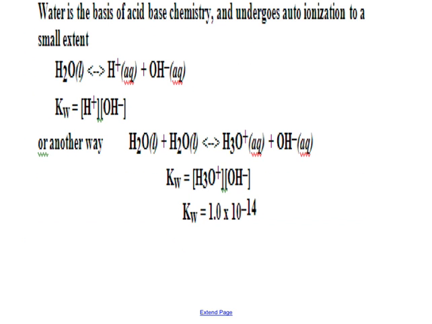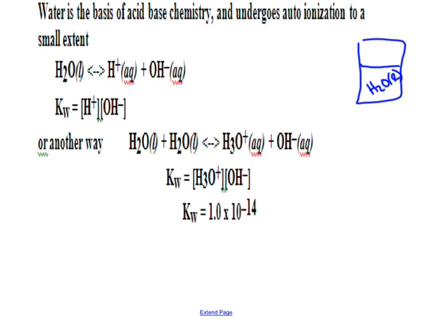So when we talk about water, because water is the basis of everything we do in this unit, I'm going to clear up some things and talk a little bit about where pH comes from. What you need to realize about water is if I had a water bottle with water in here, I don't just have H2O liquid.